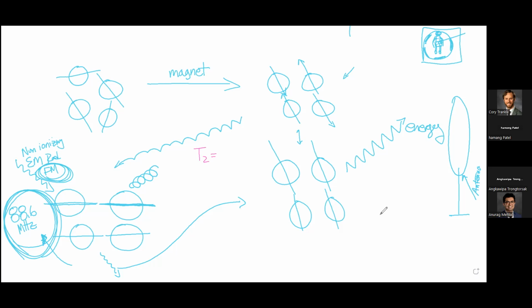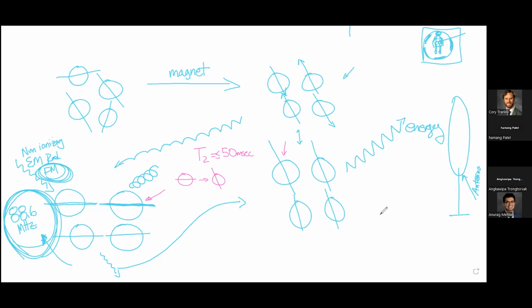interestingly, we can look at the time that it takes for these protons to go from this orientation to this orientation right over here, right? And that's in milliseconds. Normally, this is sort of the rough number, you want to be less than or equal to 50 milliseconds.